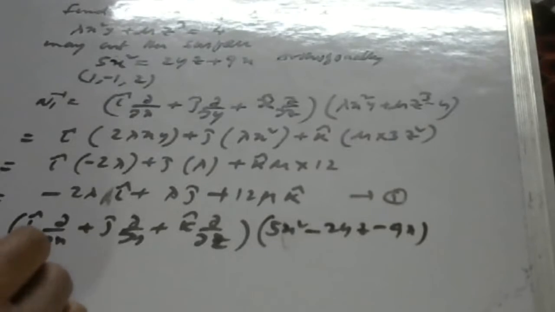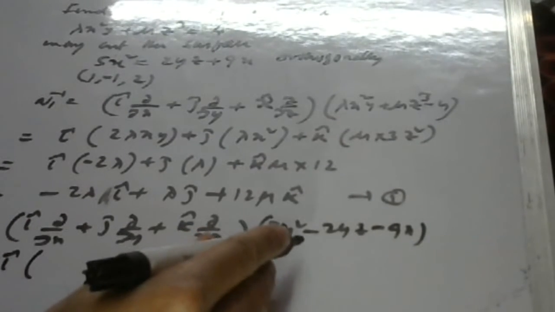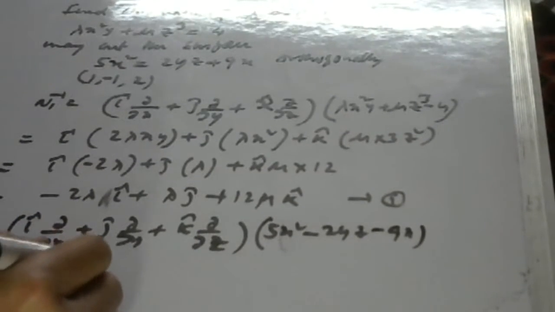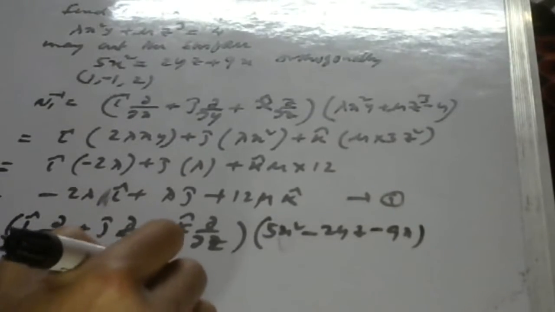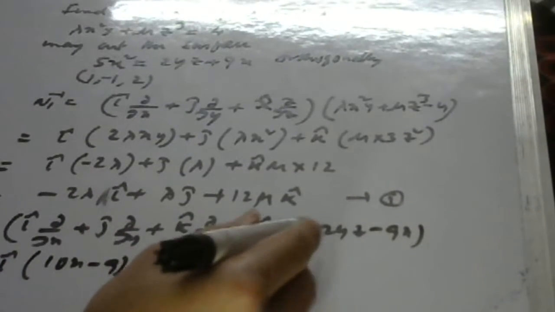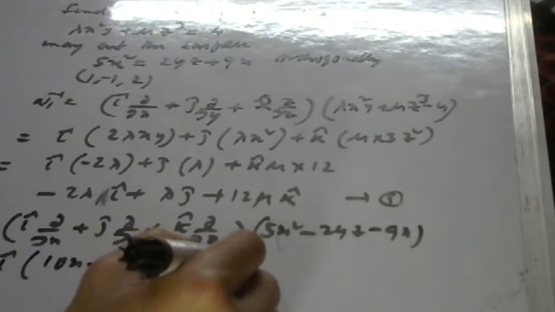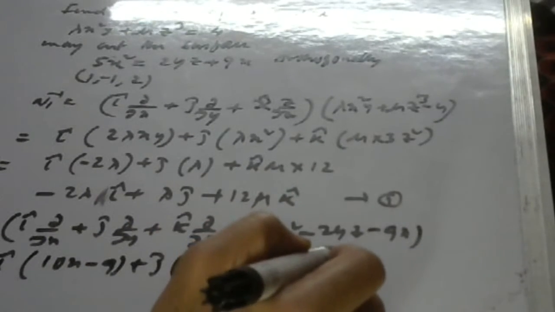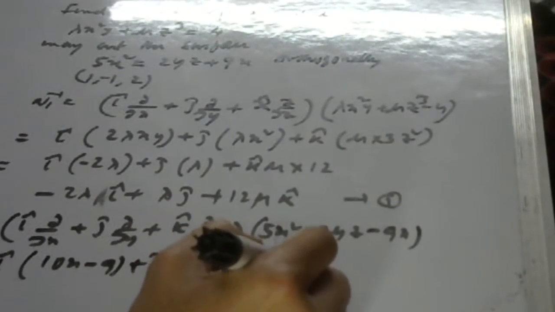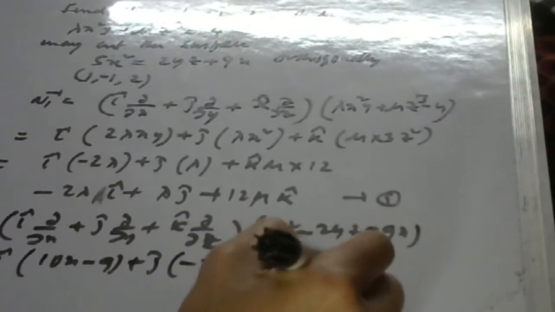We calculate i cap, differentiating with respect to x, 10x minus 9, plus j cap minus 2z, plus k cap minus 2y.